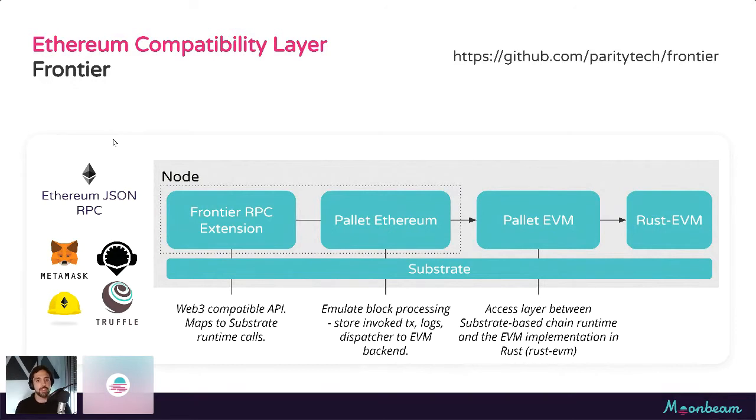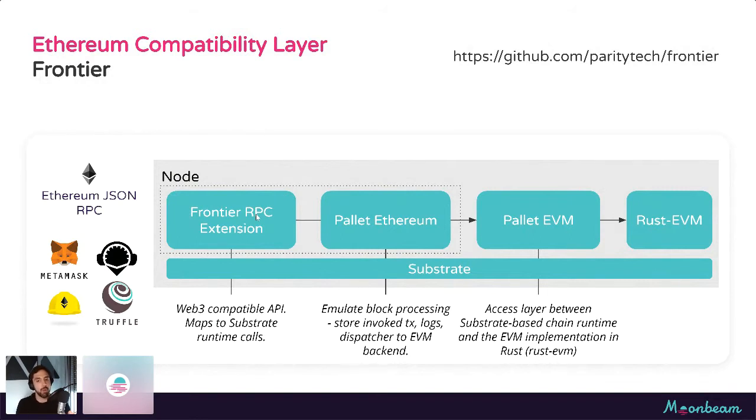And so any Ethereum JSON RPC that comes from any tool or any direct JSON RPC call lands on this Frontier RPC extension. The way that I like to see it is that it's like a middleman, a translation layer between this language that Substrate does not speak, which is the Ethereum JSON RPC, and Substrate runtime calls or things that Substrate understands, right?